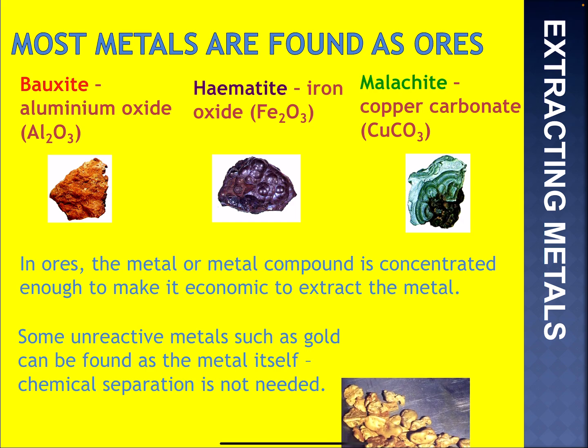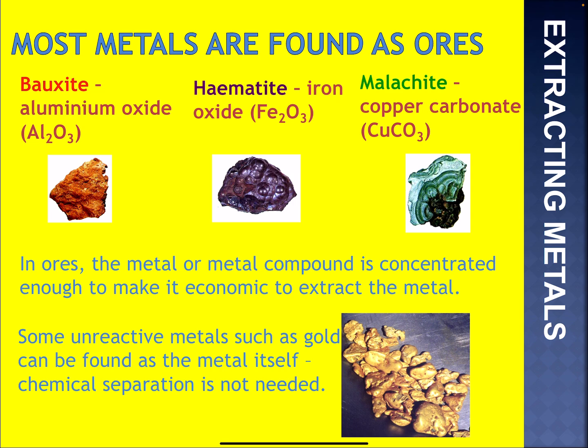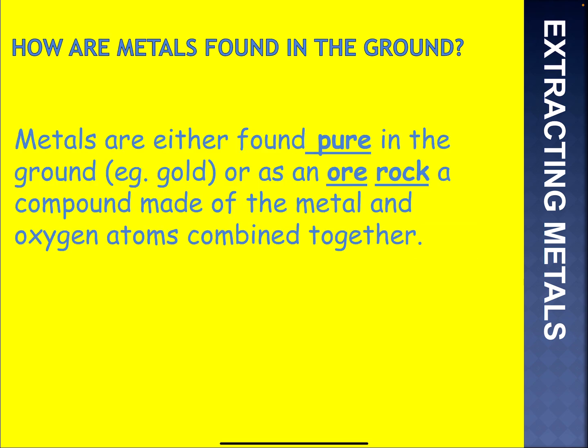Some unreactive metals such as gold can be found as the metal itself, and so chemical separation is not needed. How are metals found in the ground? Metals are either found pure in the ground, e.g. gold, or as an ore, a rock, a compound made of metal and oxygen atoms combined together.